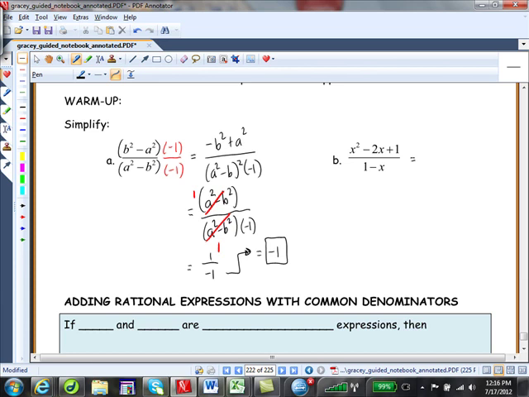Okay, so the numerator will factor as x minus 1, the quantity squared. We have a perfect square trinomial. Or if you factored using the x, you probably got x minus 1 times x minus 1. Now let's look here at the denominator. This one, I'm going to do a little differently.